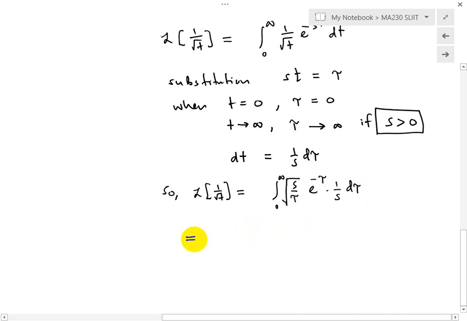So note that in this integral s is constant, so you can take that out.